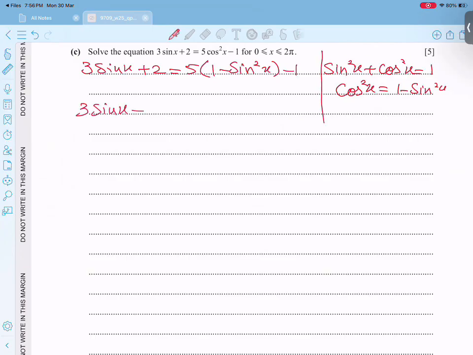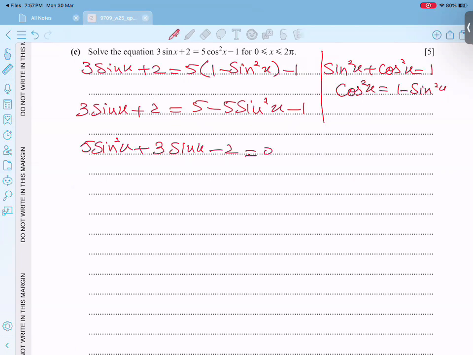So 3 sine x plus 2 equals 5 minus 5 sine square x minus 1. The 5 sine square becomes positive on this side, and then I'm writing 3 sine x, and 5 and 4 go there, we get a negative 2. I hope it is a very clear equation.